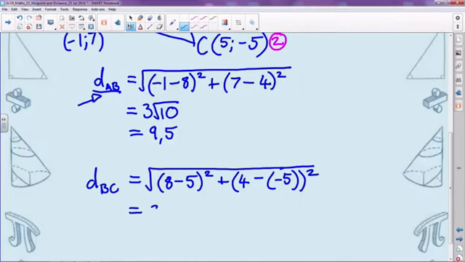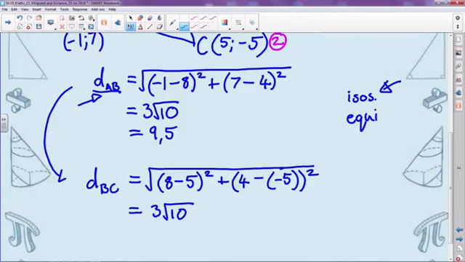So that means that our triangle is either going to be isosceles or equilateral. At this stage, it's isosceles because we've got 2 sides that have the same length. But let's see if the third side has the same length.